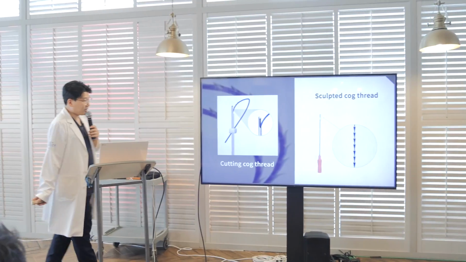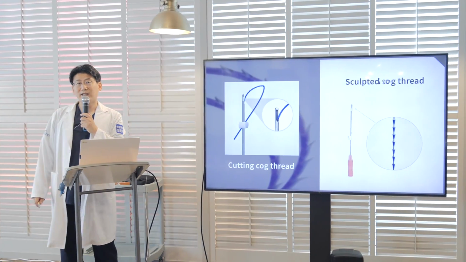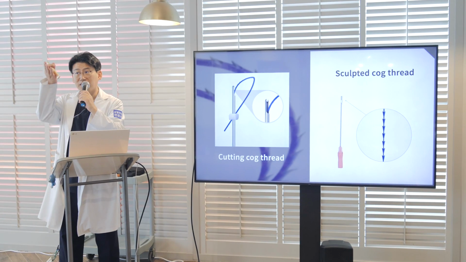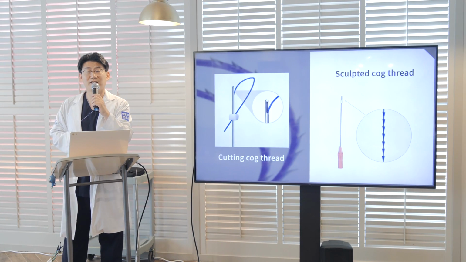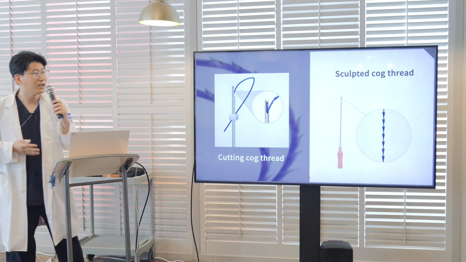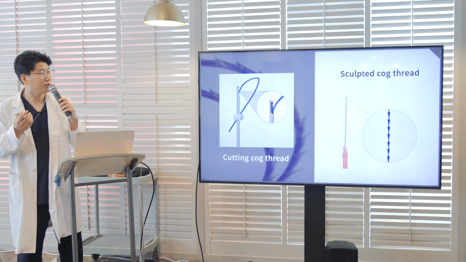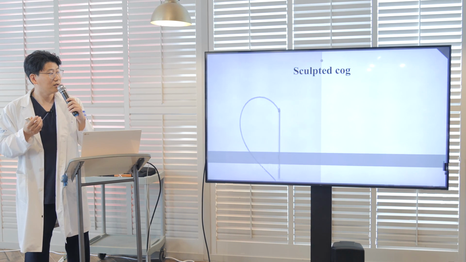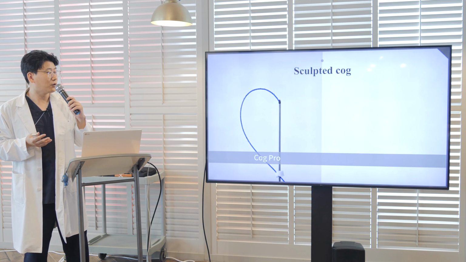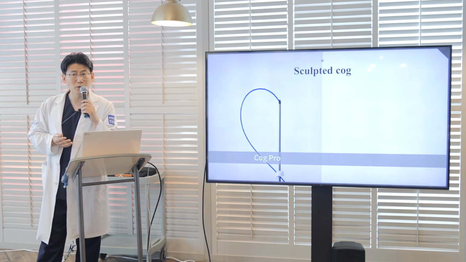But as we know, the cutting cog is very weak. The cog can be easily damaged, or it can be easily cut because it has weakened point on the shaft. So they finally found a stronger thread like a Sculpted Cog. The commercial name of ALFA Medical for cutting cog is Cog Pro.